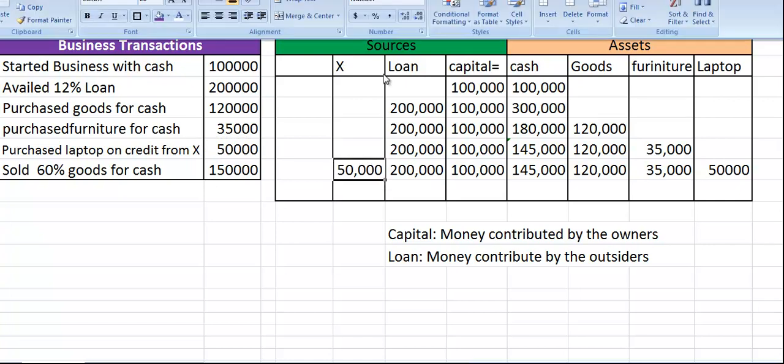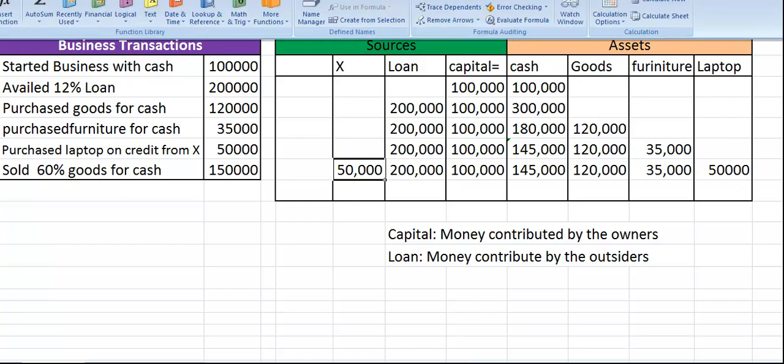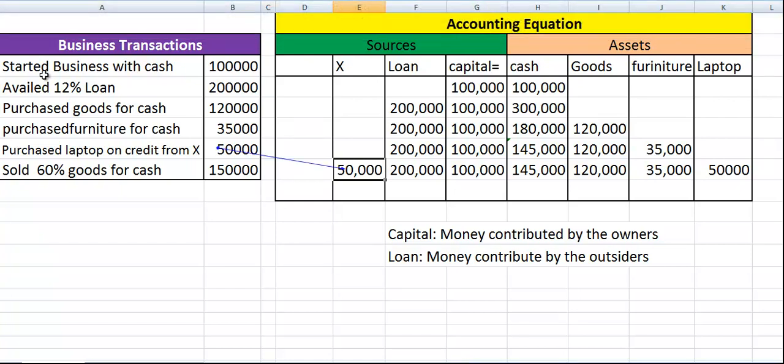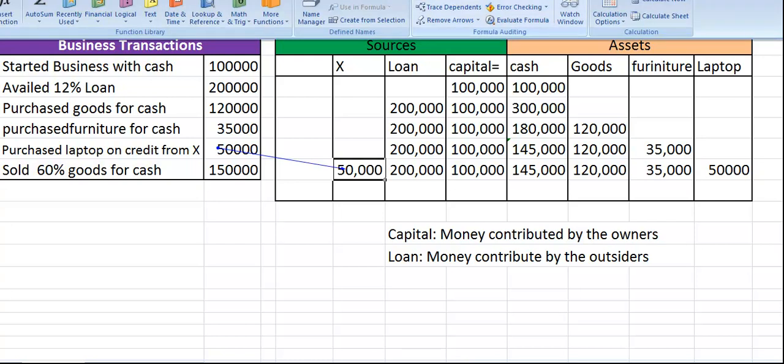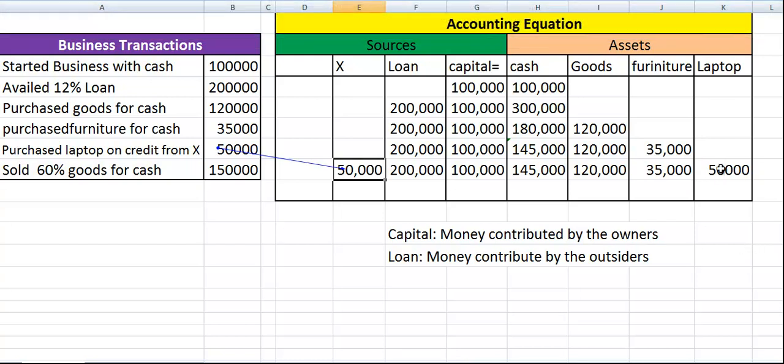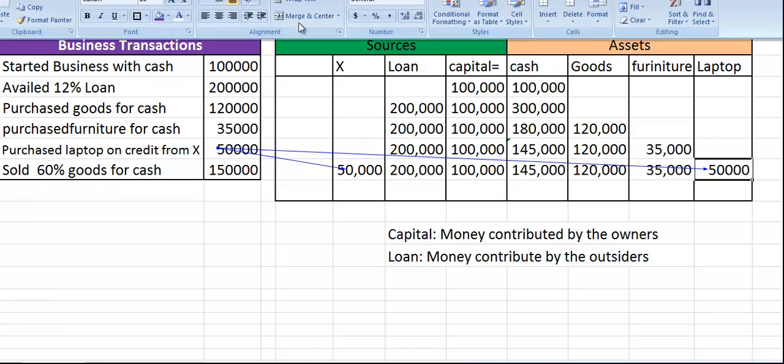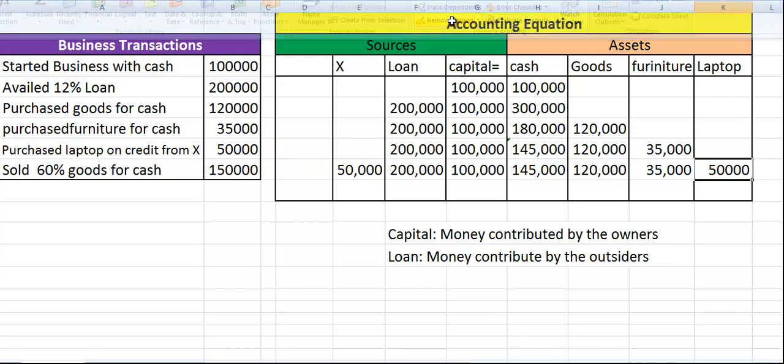Increase in the asset here resulted in an increase in a liability. So one transaction is shown on the asset side, not as a reduction of cash, but a new asset, supported by a creation of a liability. So at any point of time, as I mentioned, the sources and assets will be equal.